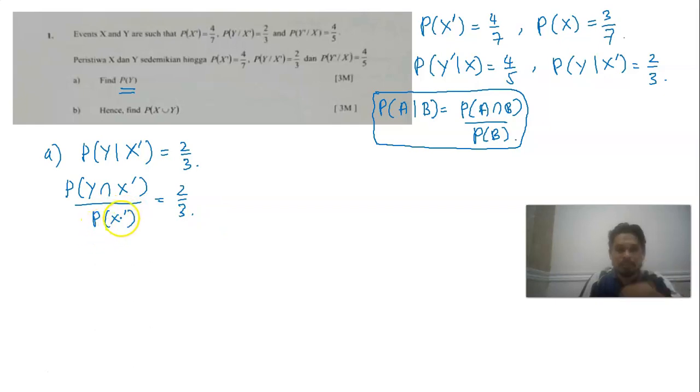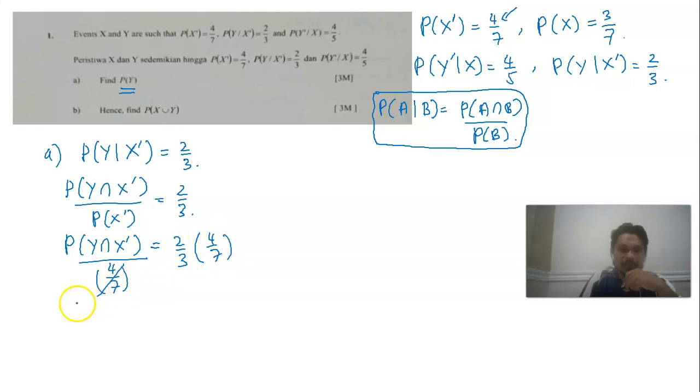Probability of X complement we already have here, which is 4/7. So probability of Y intersect X complement divided by 4/7 equals 2/3. Cross multiply, bring up the 4/7, so probability of Y intersect X complement equals 2 times 4 equals 8, and 3 times 7 equals 21.